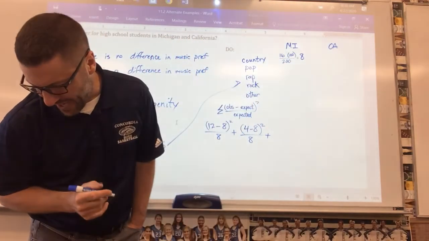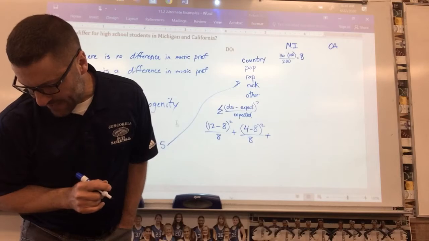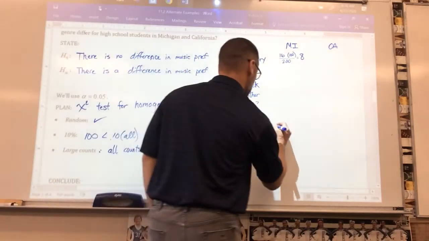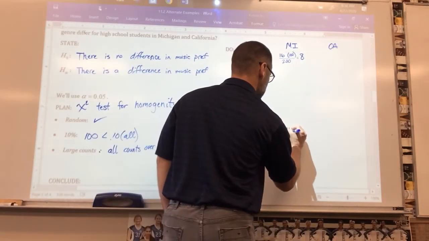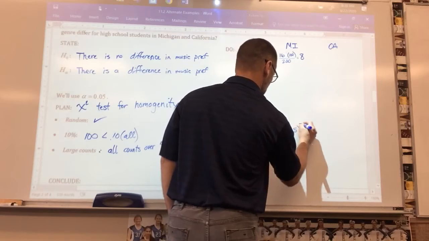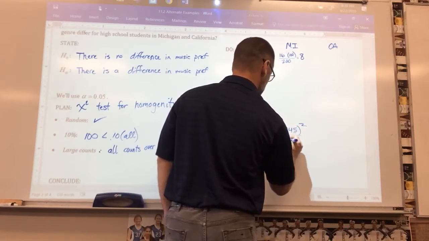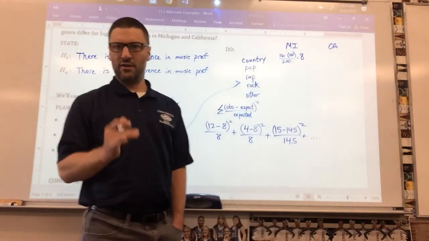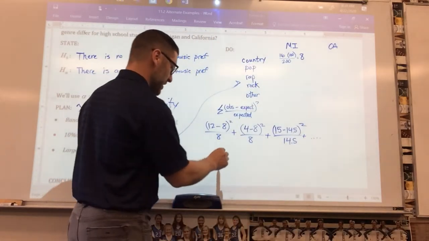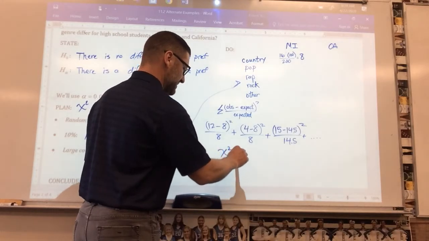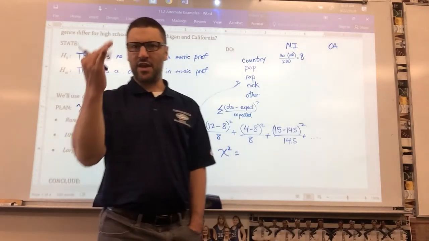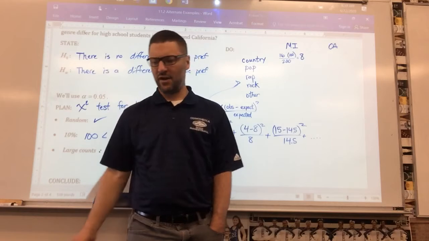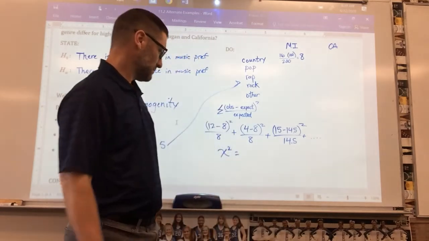What I got out of that was 15 minus 14.5, squared, all over 14.5. And I keep going until I have all of them, and then I find that chi-squared test statistic. So right now you hit pause and go find that value. Okay?